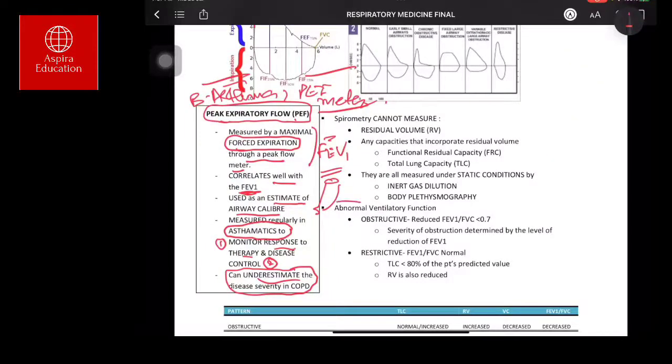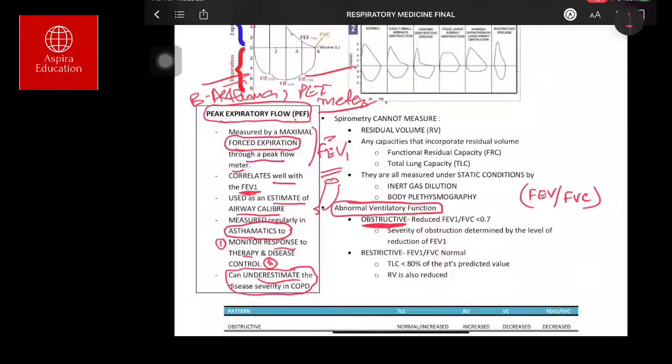So let us see in abnormal ventilatory function, in the obstructive pattern, the ratio of FEV1 to FVC is very important. We consider that it should be 0.7 to 0.8 under normal circumstances.